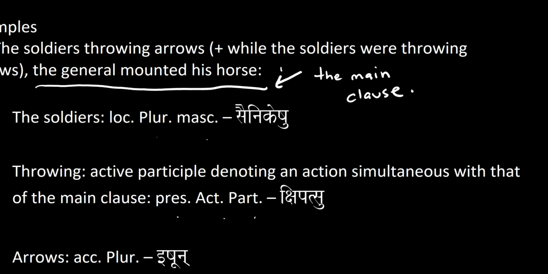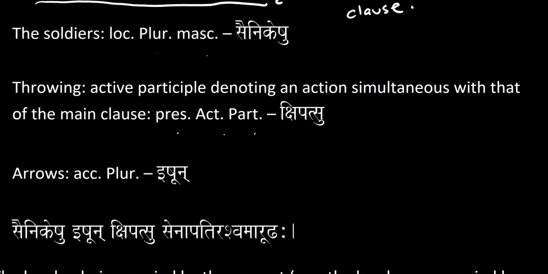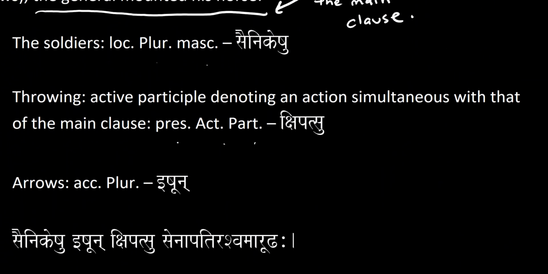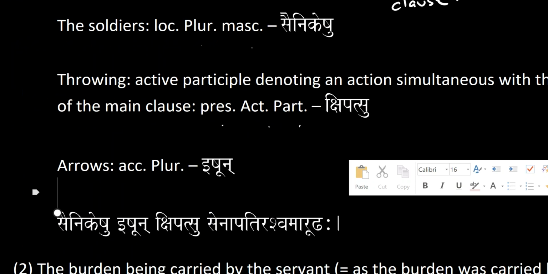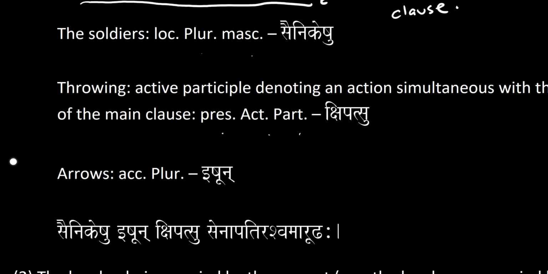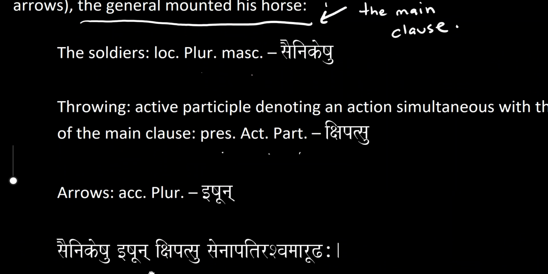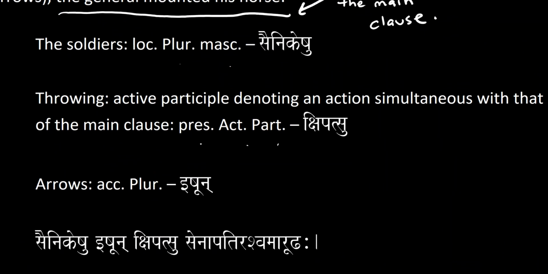So you have sainikeshu, kshipatsu, that is both declined in the locative. Arrows, that's accusative plural because that's the object of the sentence. So you have ishun, and then you end up with the rest of the sentence. Sainikeshu, ishun, kshipatsu, senapatir ashwam arudha.